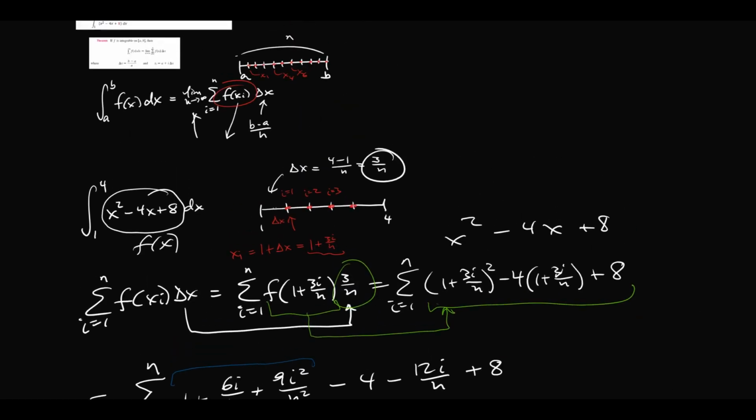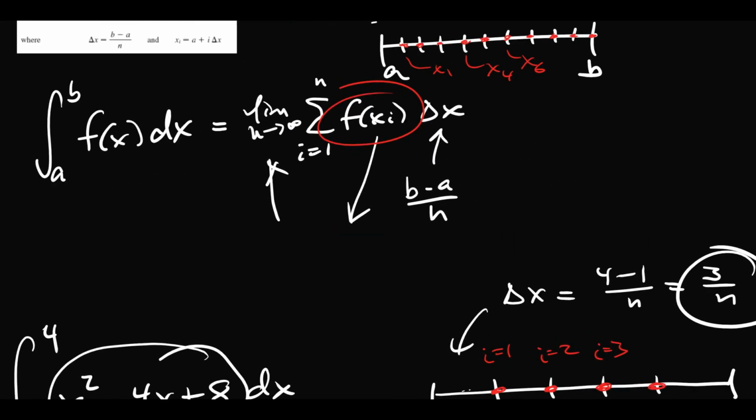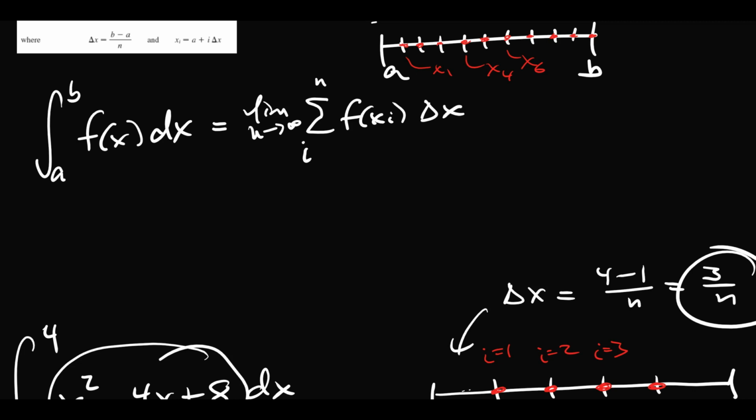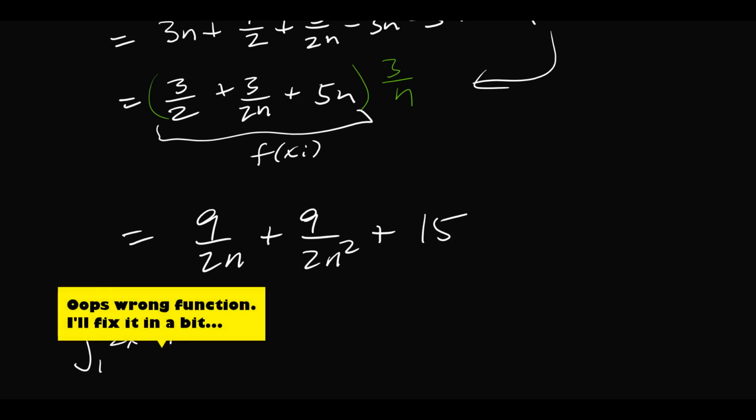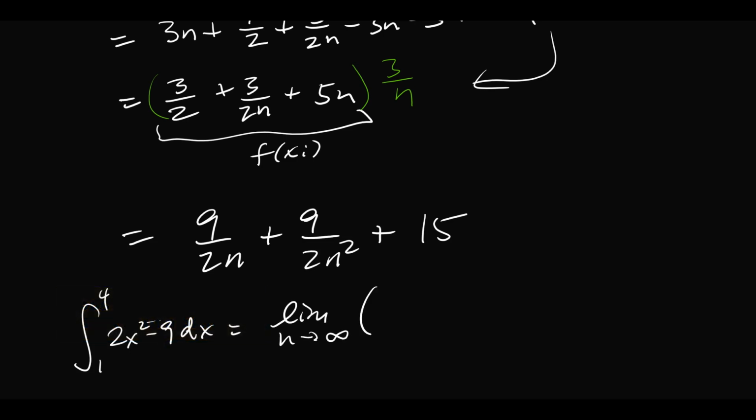Now we have done all of this, i equal 1 to n. And now we apply the limit, so that the integral from 1 to 4 of x squared minus 4x plus 8 dx is equal to the limit as n goes to infinity of all of this.